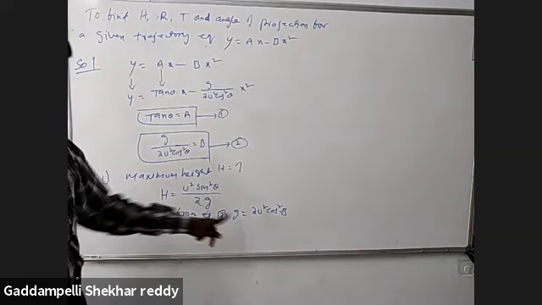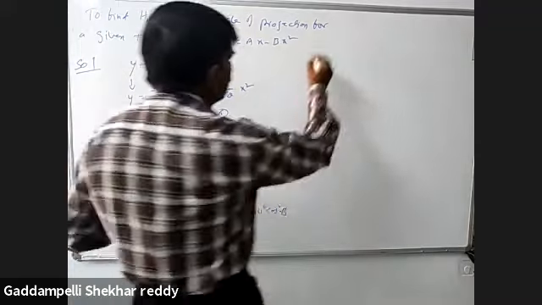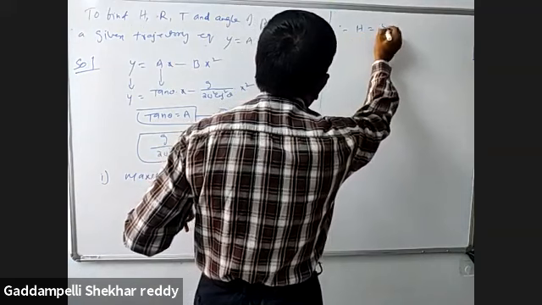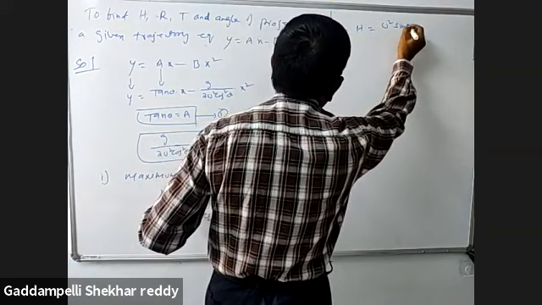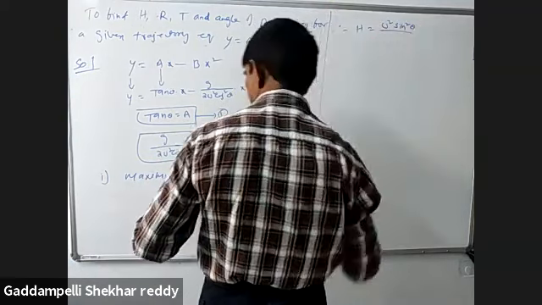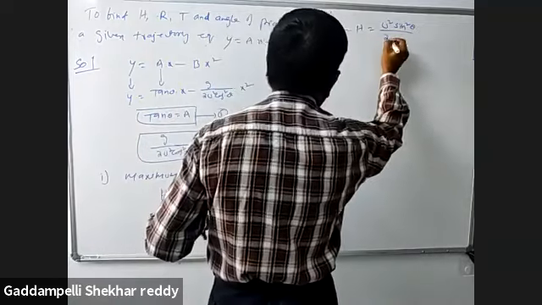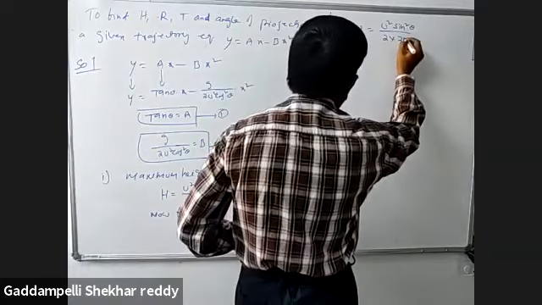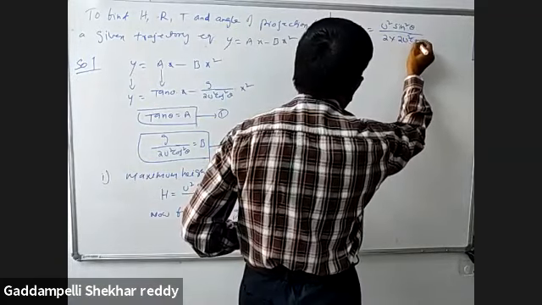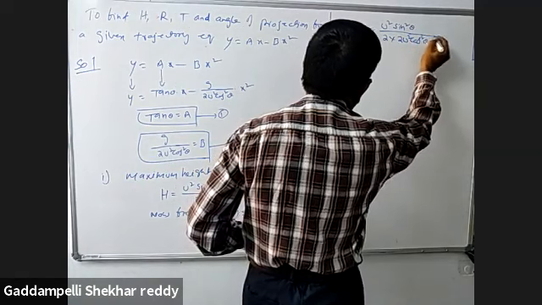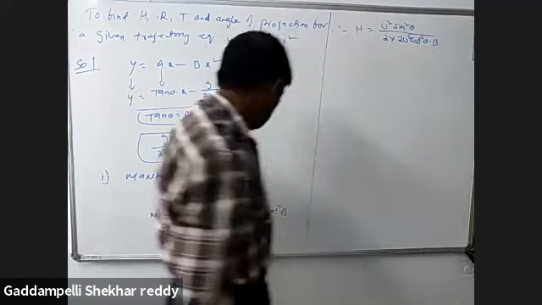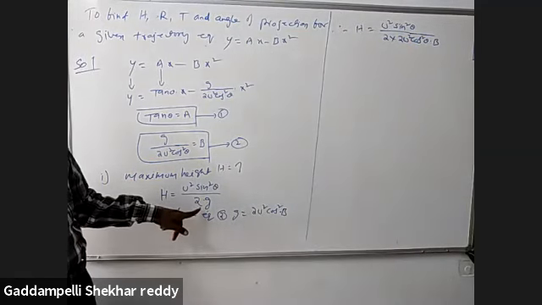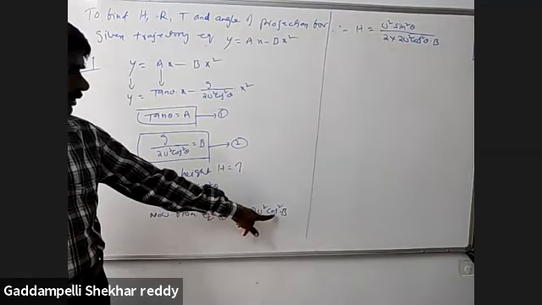Substituting this g value in the equation, therefore H is equal to u square sin square theta by 2 into the g value, which is 2u square cos square theta into b.